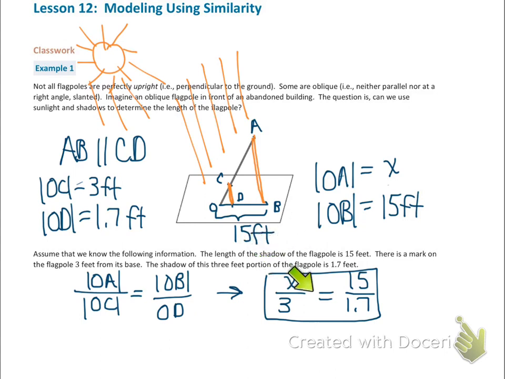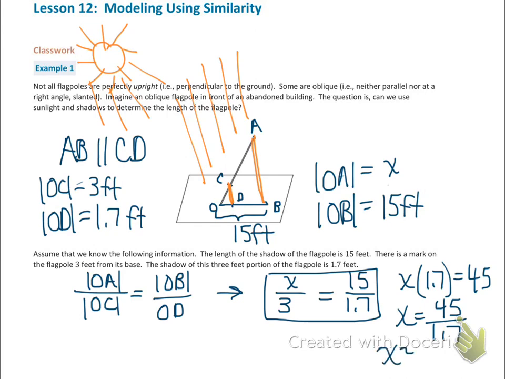So x times 1.7 is going to equal 3 times 15, which is 45. So x is equal to 45 divided by 1.7. I'm going to use a calculator on this: x is approximately 26.47, or about 26.5 feet.